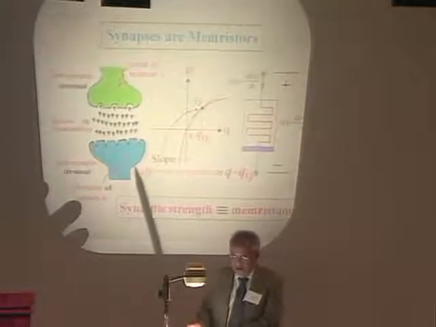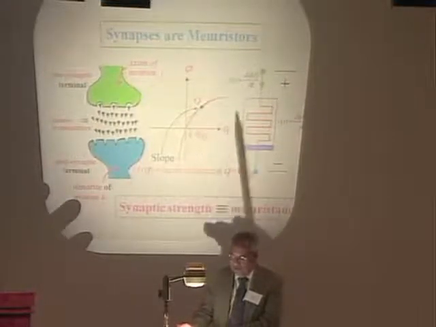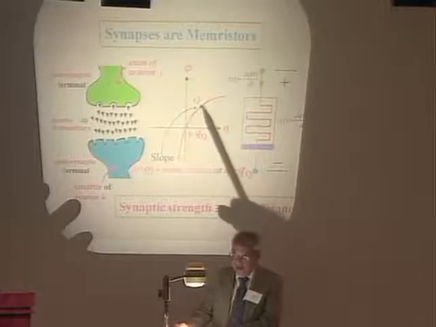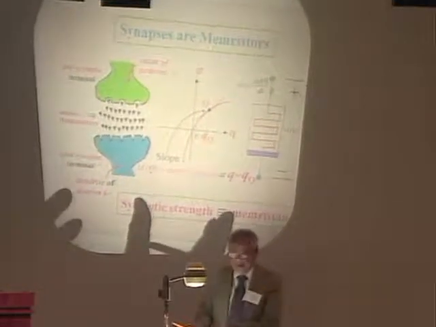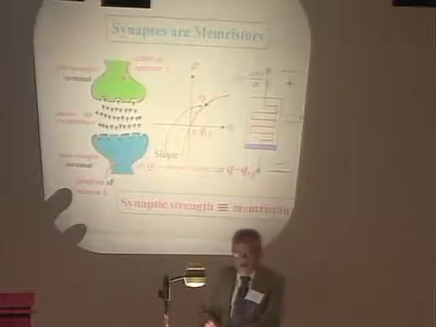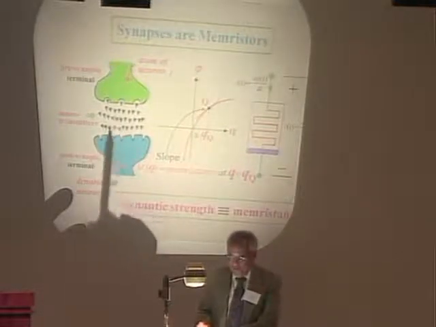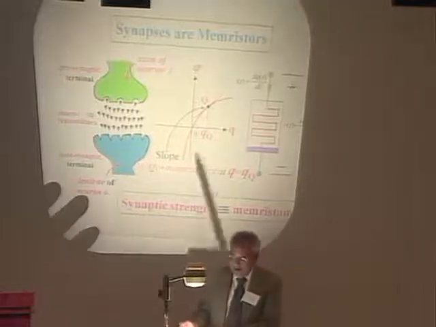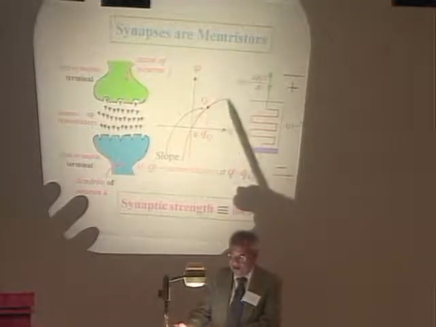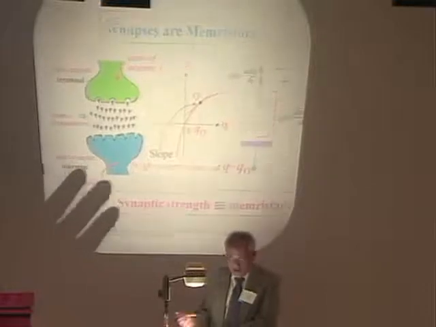This is exactly related to a memristor. If you look at the memristor curve, the slope of the curve, called resistance or memristance, is exactly the synaptic strength. When you learn, you are trying to figure out how much of this neurotransmitter you want to emit. It's the same thing as going around this curve and finding out what slope you want to be. That's really why synapses are memristors.